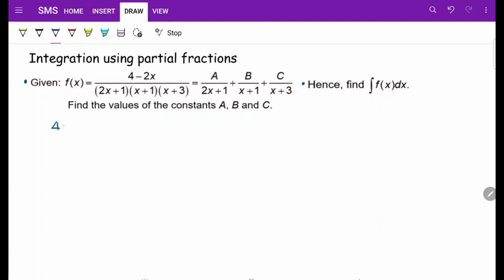So you will have 4 minus 2x, and this will give you a, and then we can multiply this. So this will be x plus 1, this will be x plus 3, plus b, which will give you 2x plus 1, x plus 3, and then plus c, which will give you 2x plus 1, and will give you x plus 1.